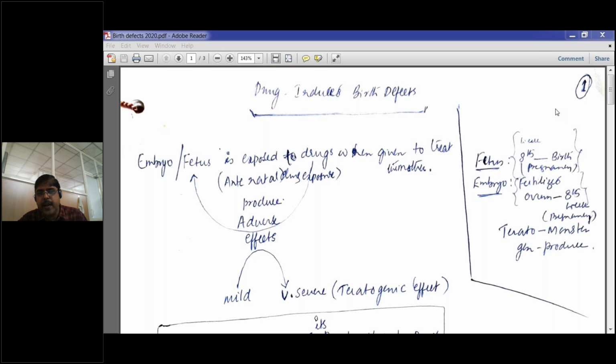Now, whether the drug produces an effect which is beneficial in the fetus or an adverse effect.